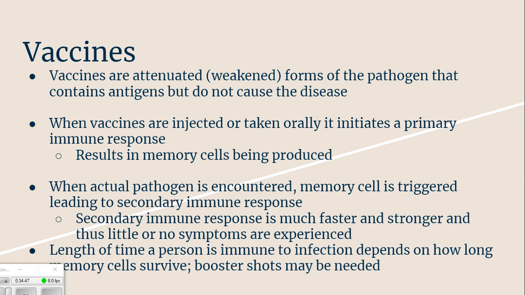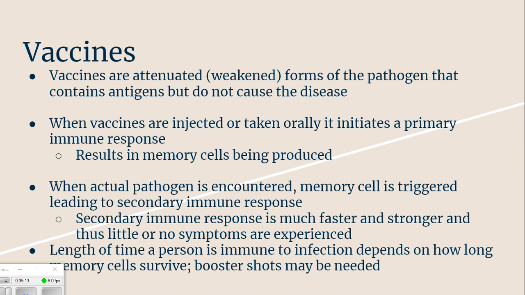And you saw from the previous diagram that when there is a secondary exposure to a pathogen, that immune response is greater, or the production of those specific antibodies is significantly higher than the first exposure. So the secondary immune response is much faster and stronger, and thus little or no symptoms are experienced.